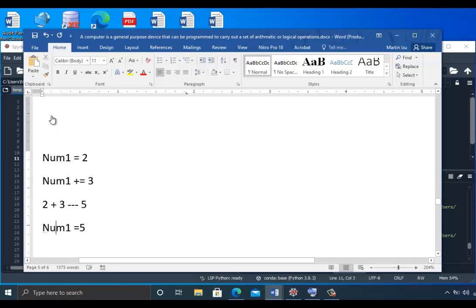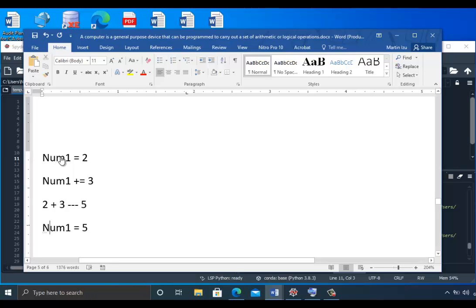It will first of all add the integer 3 to 2, because we know that num1 is holding this value, the integer 2. So when we say num1 plus equals 3, it's simply telling the processor: add the integer 3 to 2, then the result, which is 5, assign that result to num1.